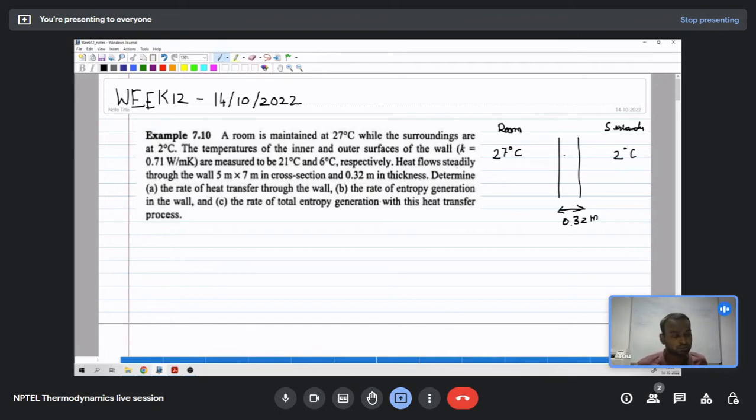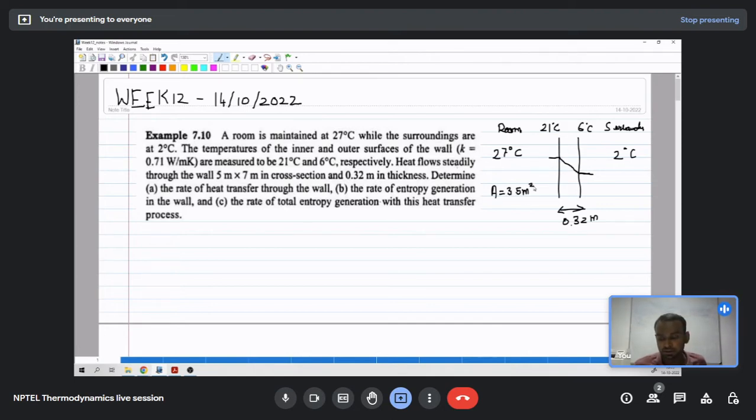The heat transfer occurs over the wall, and we assume a linear temperature profile across the wall, so it is represented by a slant line. The surface temperatures of the wall are 21 degrees Celsius and 6 degrees Celsius, and the cross-section area is 5 cross 7, so I write the area as 35 meters square.